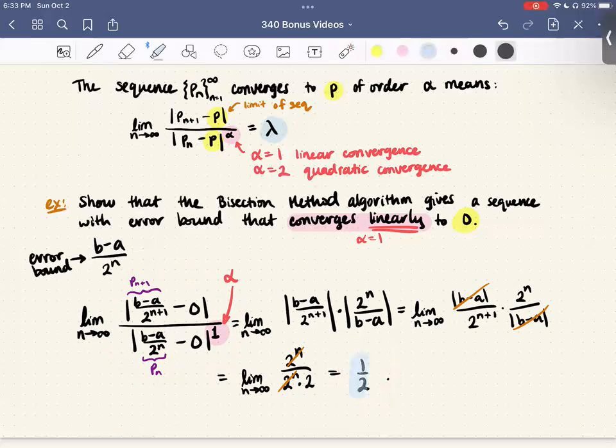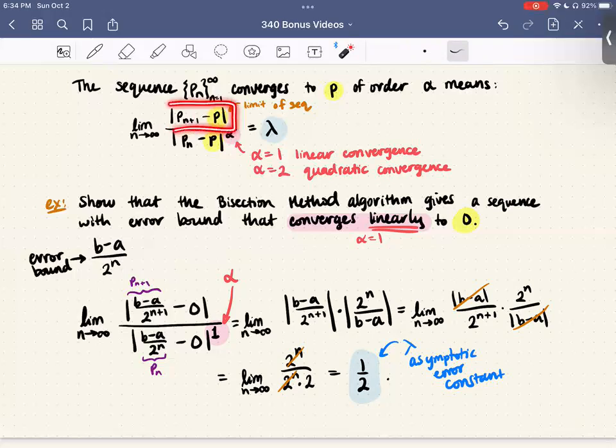The constant that we end up with, this is this lambda that I mentioned earlier. This is called the asymptotic error constant. Okay. So really, you're comparing the error between the n plus first term of the sequence and its limit.